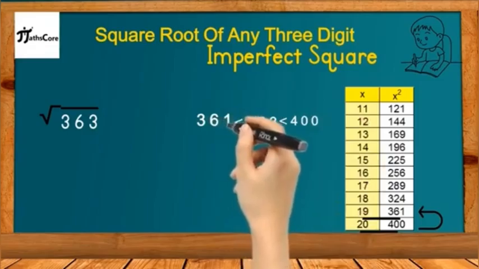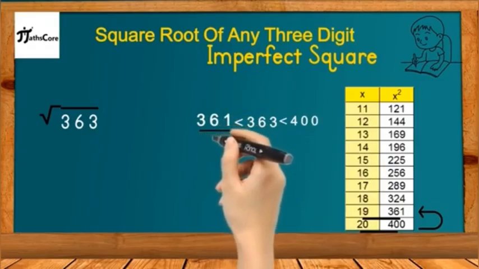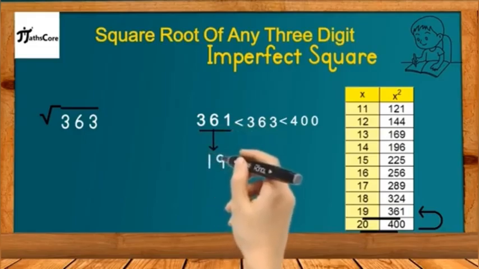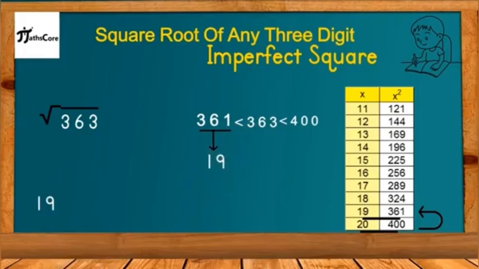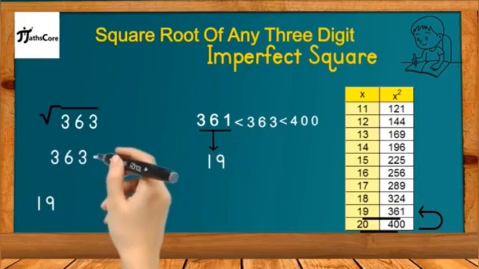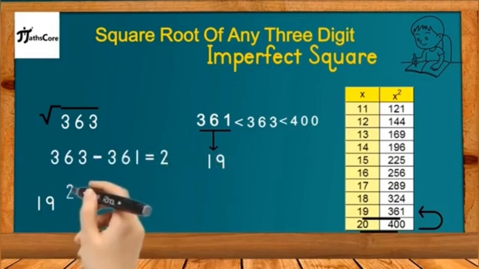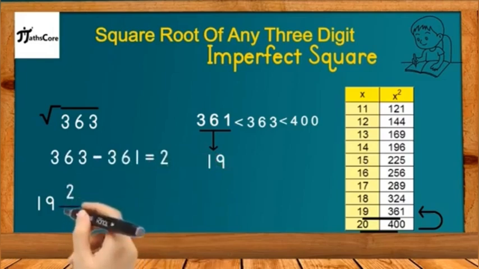Now select the lesser perfect square than 363, which is 361. Now take the square root of 361, which is 19. Now write down 19 here, and then we need to subtract 361 from 363. So 363 minus 361 is equal to 2. Now write down 2 here and divide it by double of 19, which is 38.